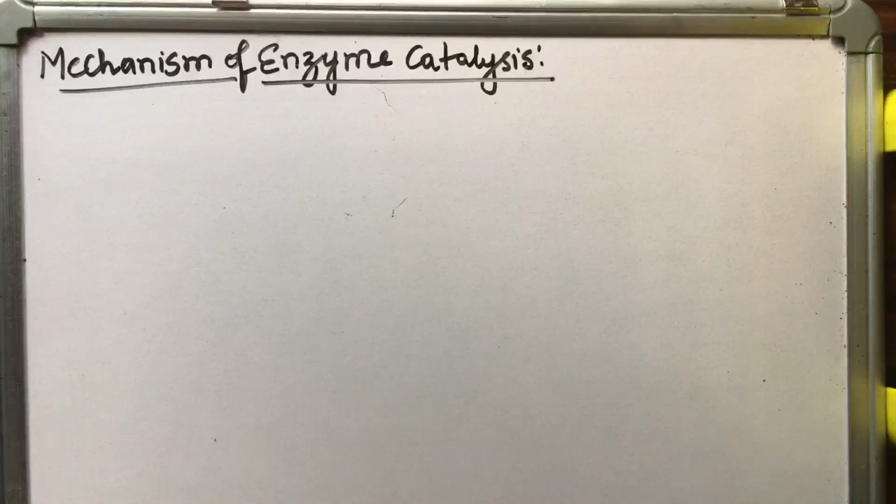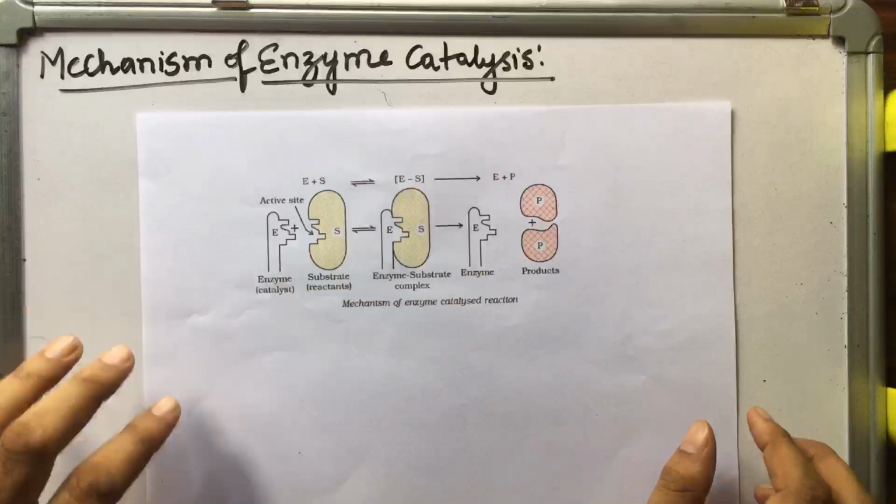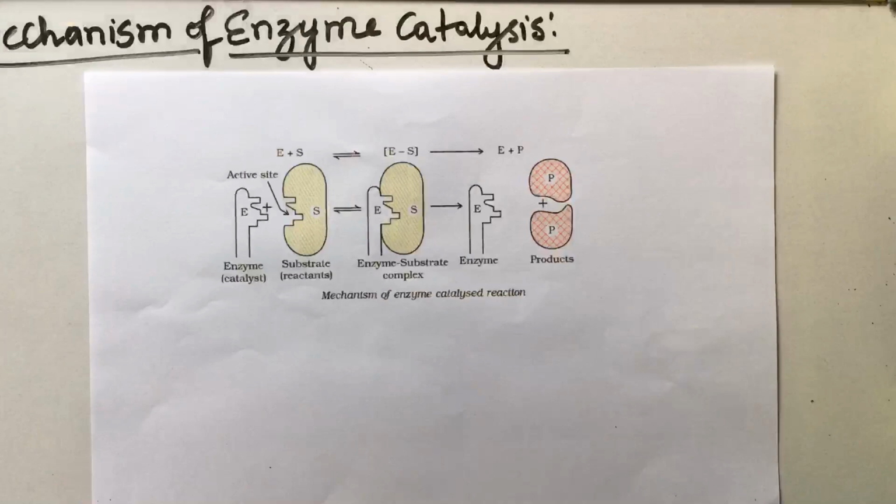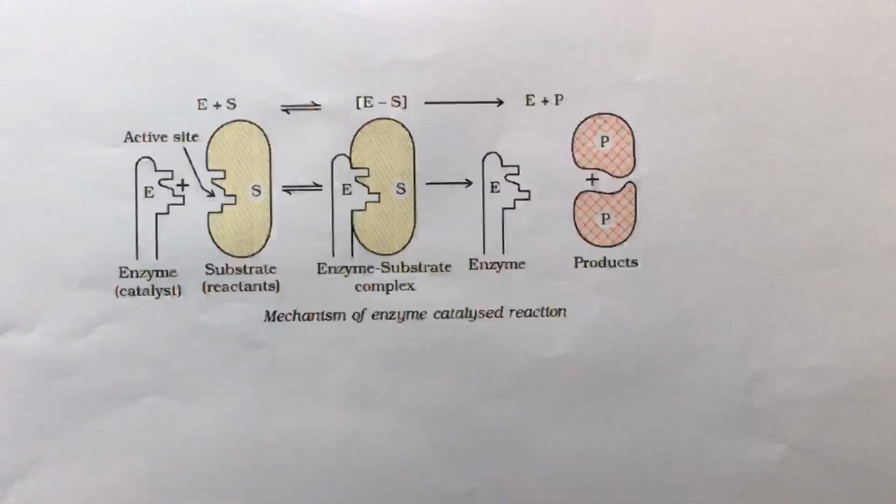Those who studied in biology may know about it. Students, let me simply keep a diagram for you to understand. This is your NCERT diagram. Just simply look into the diagram, students, so that you can understand something when I explain.